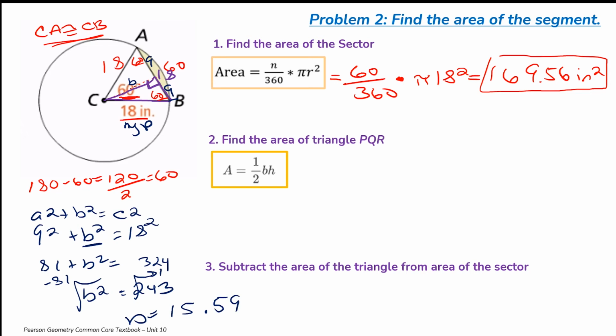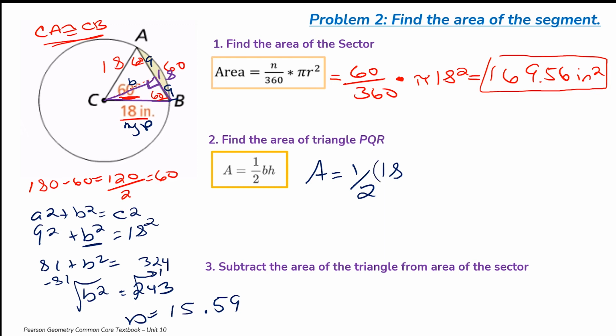I'm just going to round it to the nearest hundredth here. So I haven't even found the area of the triangle yet. I did all that to find the height. So plugging that in, area equals 1/2. The base is 18. All right. I can see my base here because all the sides are the same.